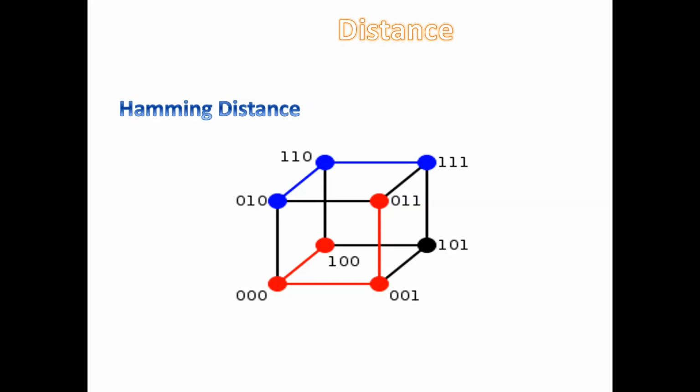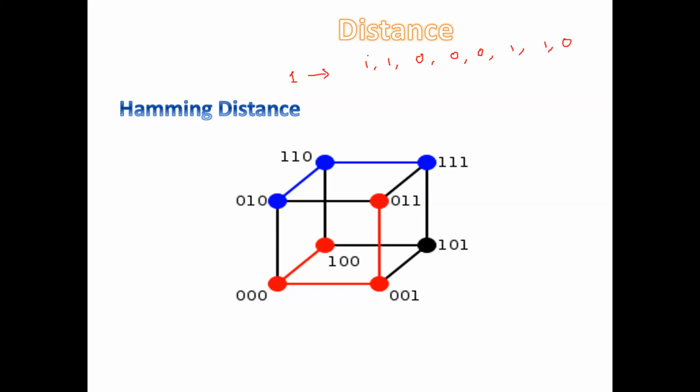The basic concept of Hamming distance comes from vectorization. It is used in categorical data. Let's say I have two vectors. Observation number 1 is 1, 1, 0, 0, 0, 1, 1, 0.